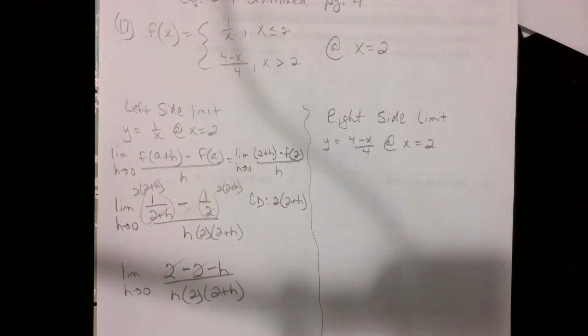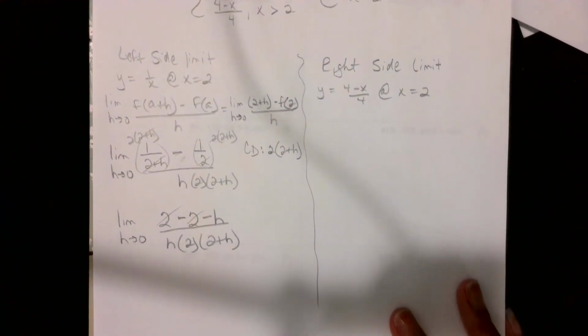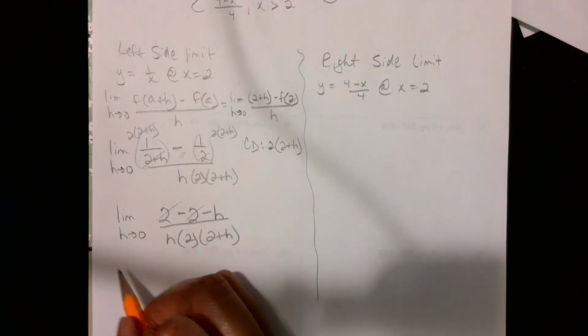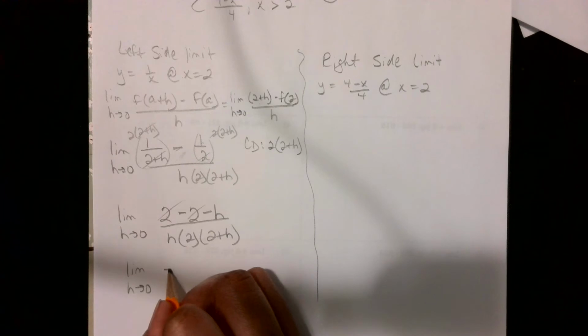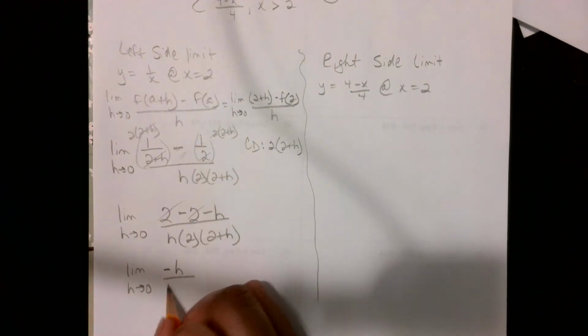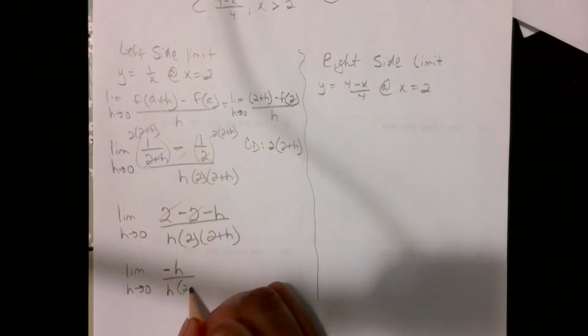That cancels. Something should always cancel. And we get the limit as h approaches 0 of negative h over h times 2 plus h.